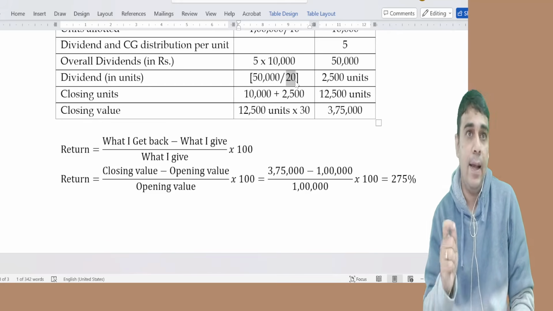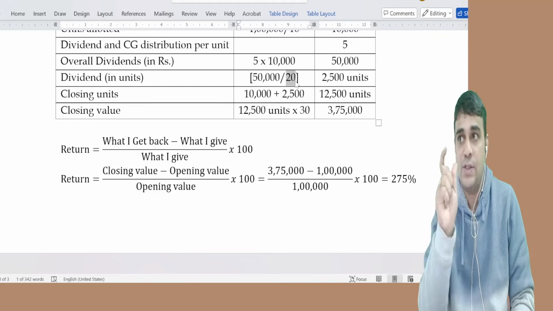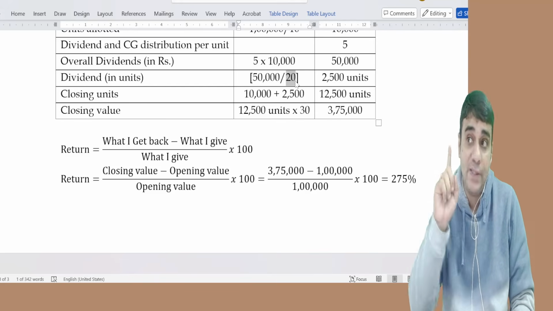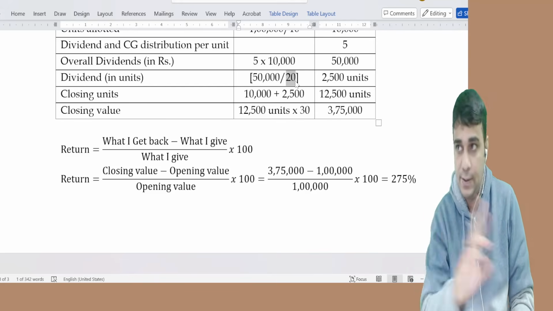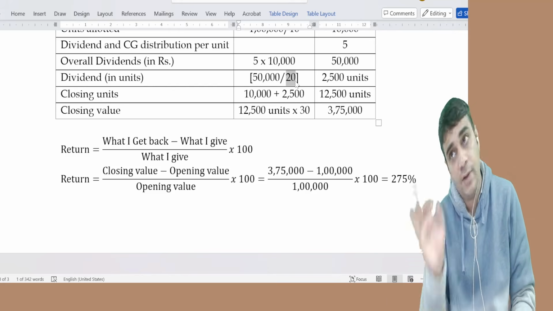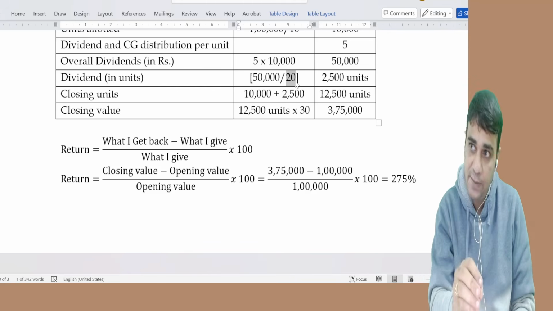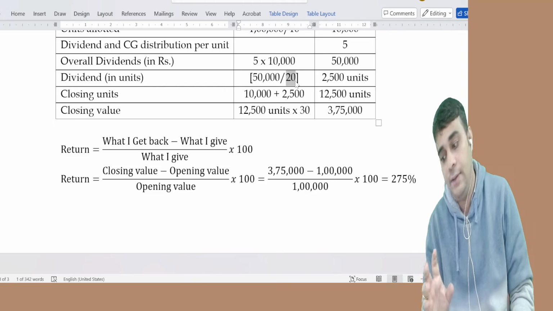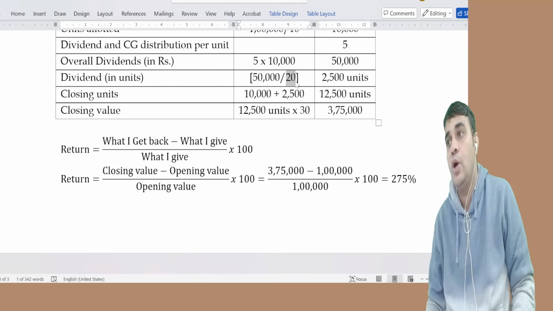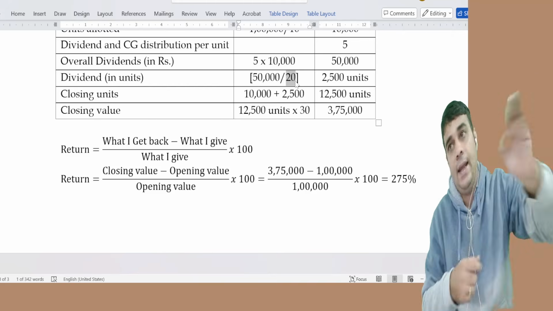You're getting an extra return in reinvestment because you reinvested at 20. By the end of the year, if this 20 remains 20, both the payout plan and the reinvestment plan will give the same answer, if the reinvestment NAV and the closing NAV remain the same. But if the closing NAV goes up, there is obviously an extra return.